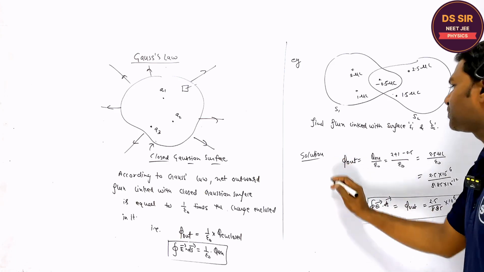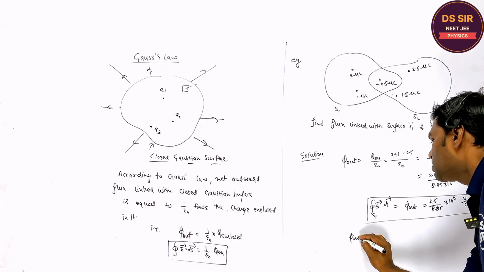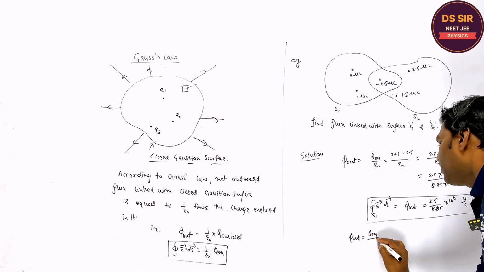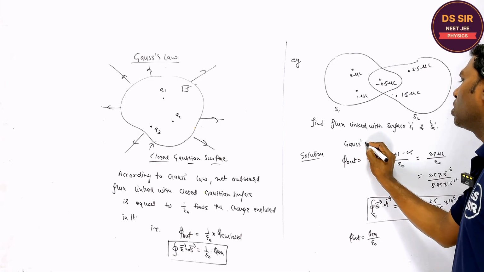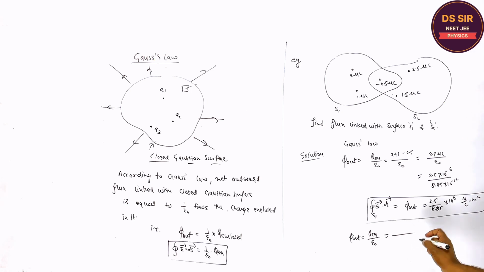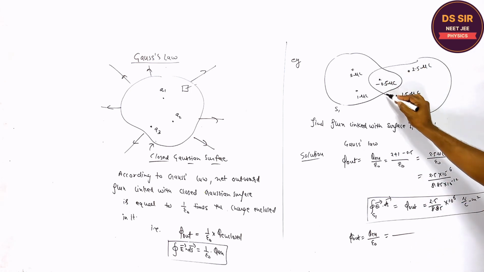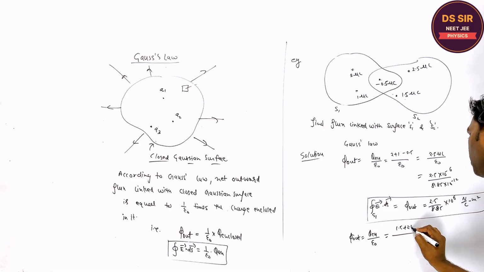In the same way, for this surface S2, the outward flux is equal to what? Charge enclosed divided by epsilon naught, and this is called Gauss's law. So the charge enclosed through this closed surface is 1.5 plus 2.5 minus 0.5 divided by epsilon naught.